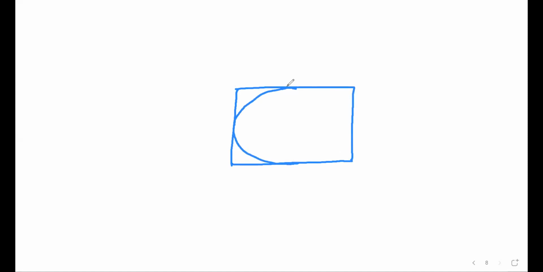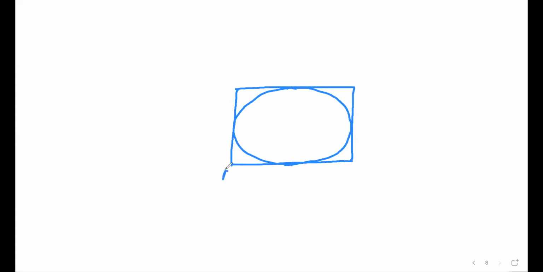Here we have a figure like this. The question says in the given figure, quadrilateral ABCD is drawn to circumscribe a circle.